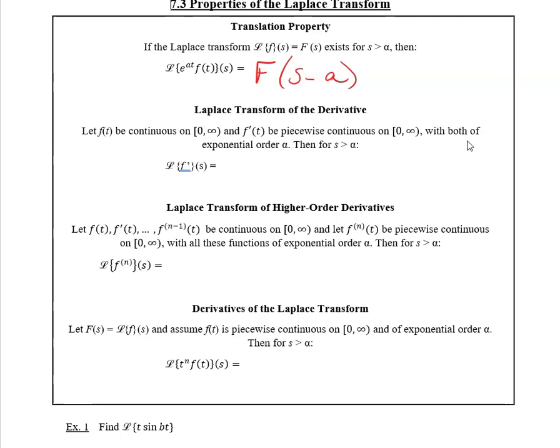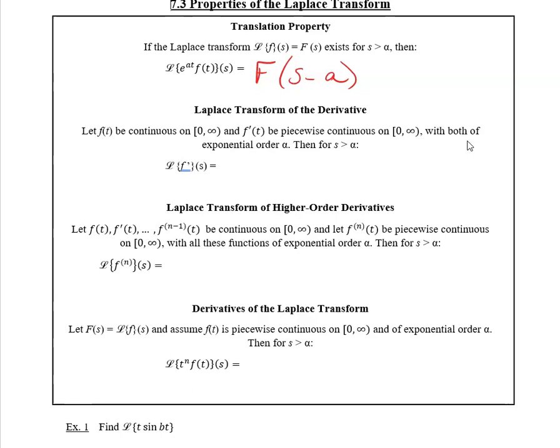The second property is the Laplace transform of the derivative. It says that as long as we have a continuous function, little f of t, and we know that its derivative is piecewise continuous, meaning at least continuous on the intervals if it's a piecewise function, and don't worry about that, here's the gist of it.